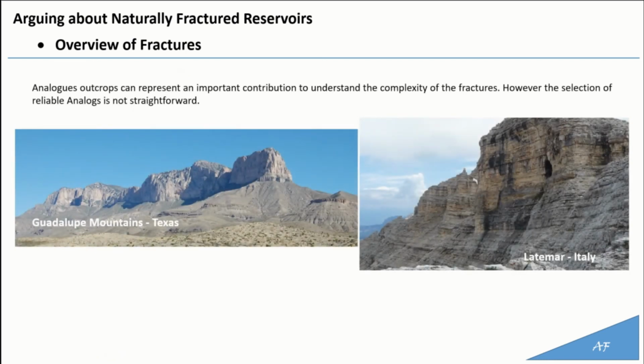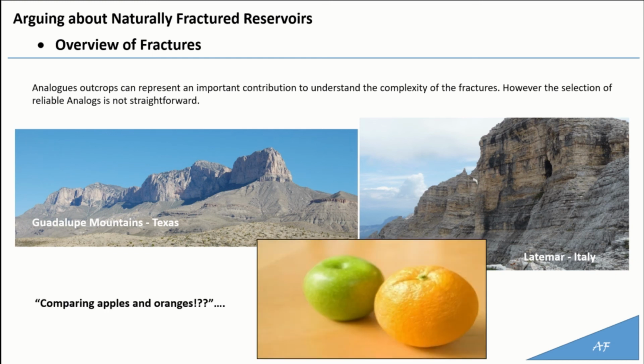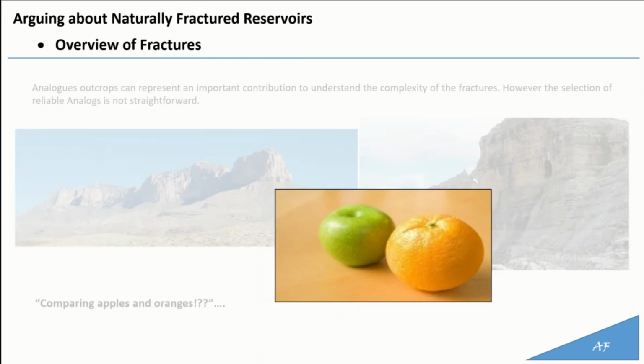Also, analog outcrops can represent an important contribution to understand the complexity of the fracture network. However, the selection of reliable analogs is not straightforward, and the risk of comparing apples and oranges is high.